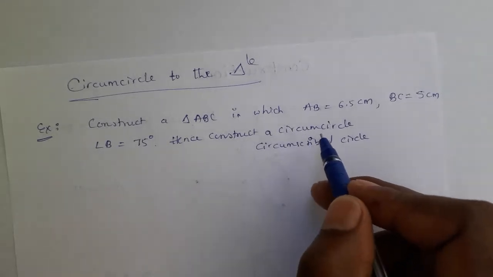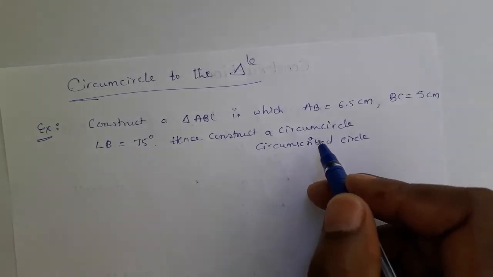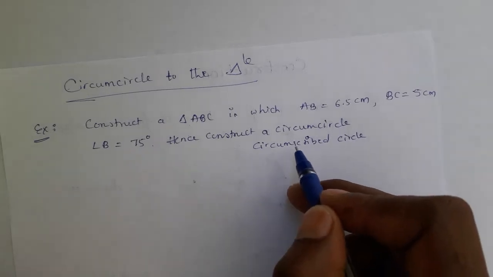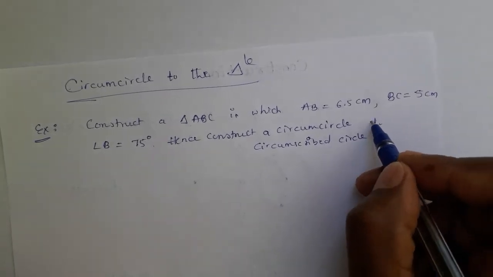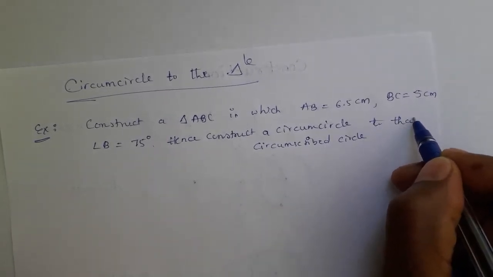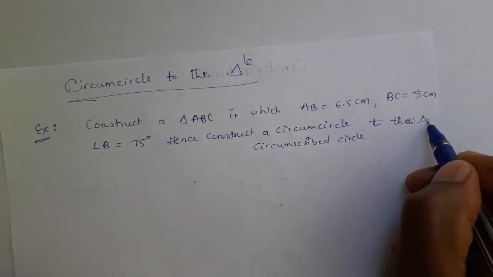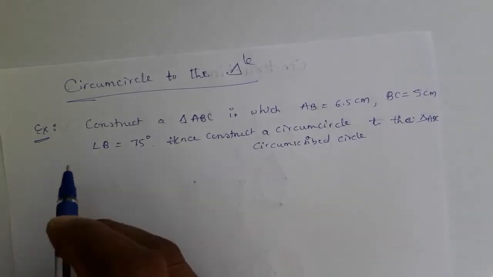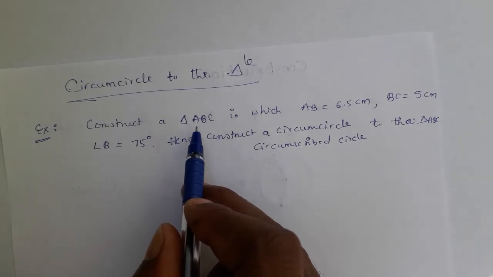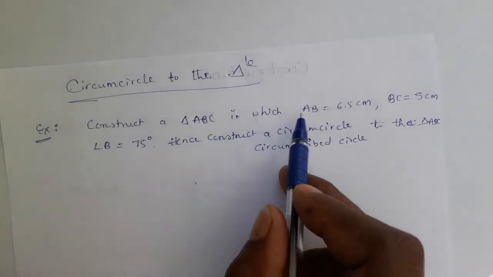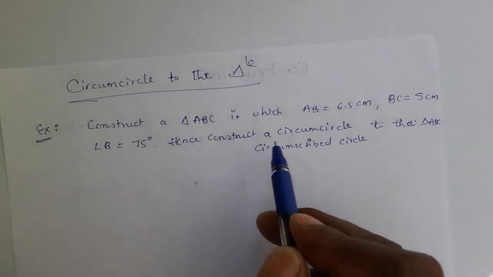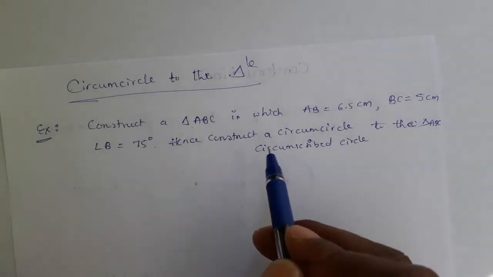That type of circle is called a circumcircle or circumscribed circle to the triangle ABC. So this is the question. First we will construct triangle ABC in which the measurements are given. Hence construct a circumcircle to the given triangle ABC.